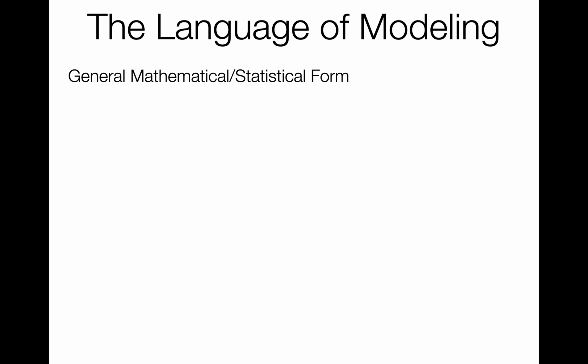Now, to get to a more mathematical form, something that may make more sense than what I was trying before, if I have a response y, and it's going to be quantitative, you may say, well, we just had a non-quantitative response in that last problem. Well, I could turn them into some sort of quantitative response.